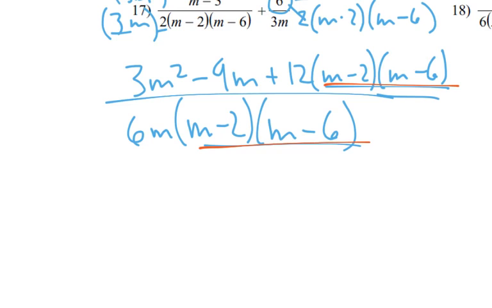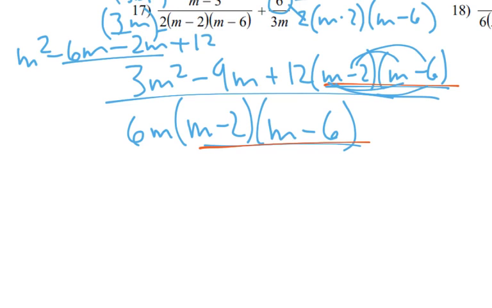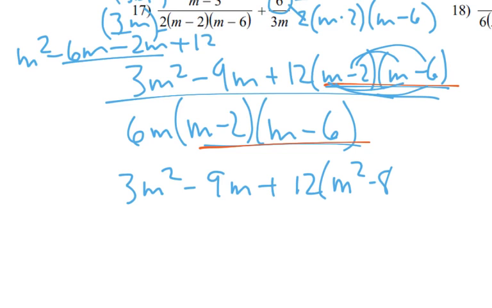So if I multiply one, I've multiplied both. So m times m would give us m squared, then negative 6m, then negative 2m, then positive 12. So that'd be negative 8m. So I'd get 3m squared minus 9m plus 12 times m squared minus 8m plus 12.